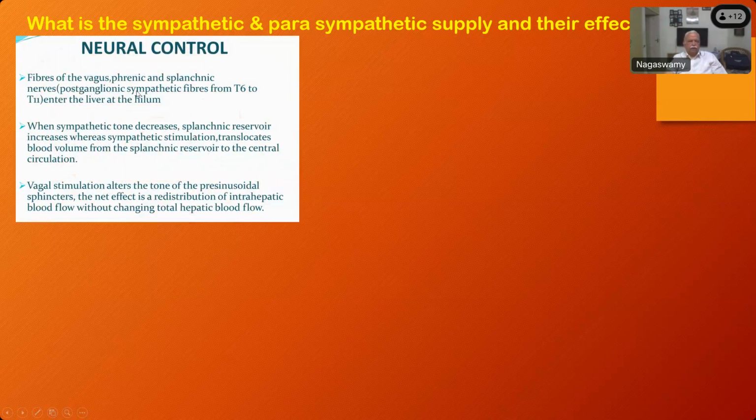The fibers of which nerves? Vagus, phrenic, and splanchnic nerves. Also the postganglionic sympathetic fibers from T6 to T11 enter the liver at the hilum. When the sympathetic tone decreases, the splanchnic reservoir increases, whereas sympathetic stimulation, which causes vasoconstriction, translocates blood volume from the splanchnic reservoir to the central circulation.